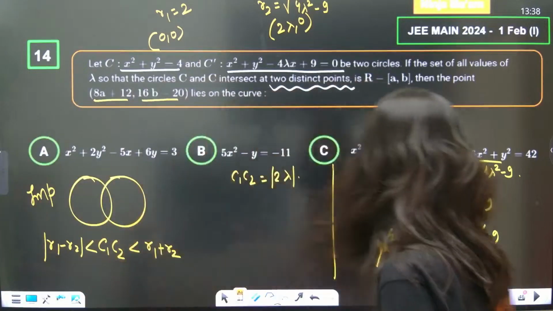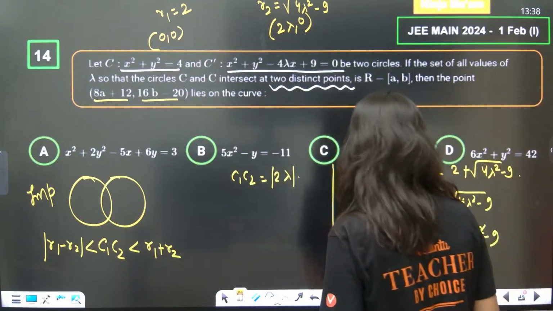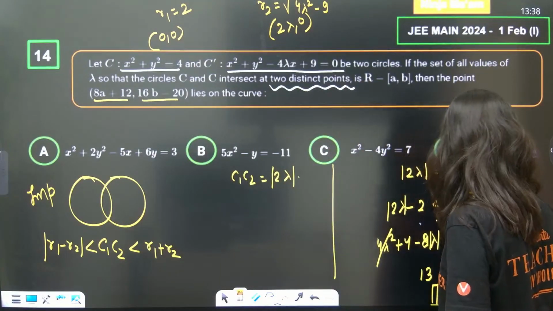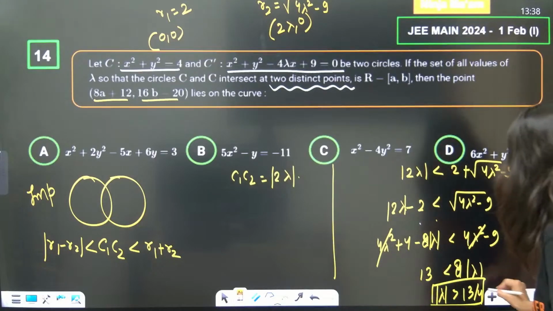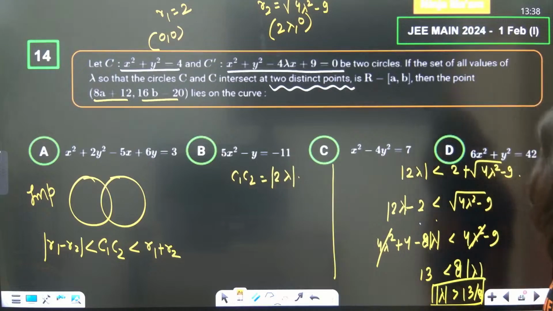Eight lambda. Where exactly 8 lambda? Yes, 8 lambda. 4 lambda gone. So 13 by 8. Is it correct now?